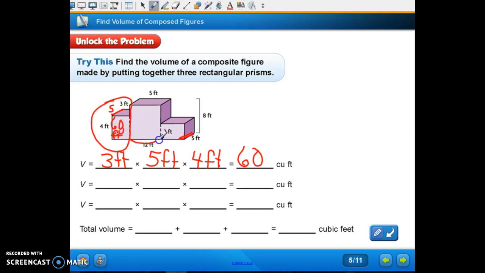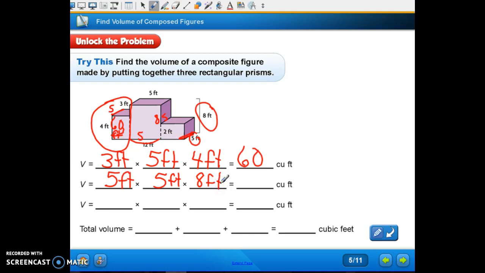Okay, now what do we have to find on this? We know that this is the same as that, so it's 5. How tall is it? 8. And what is our depth, did we say? 5. So we have a length of 5, a width of 5, and a height of 8.